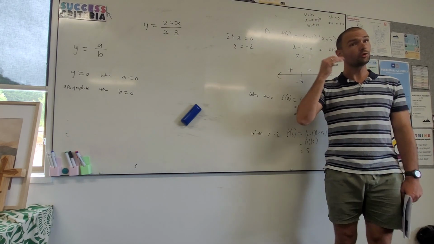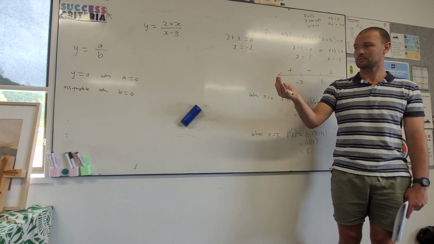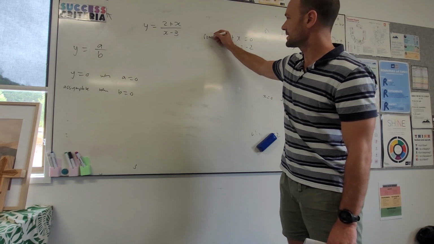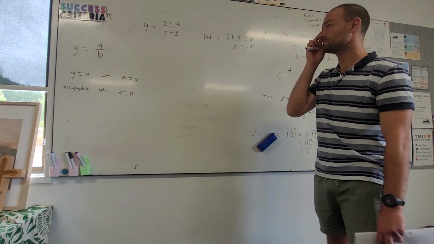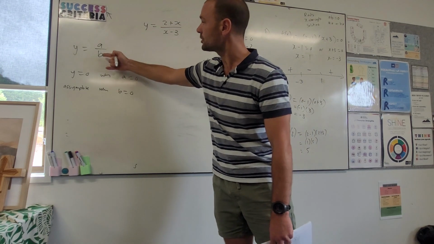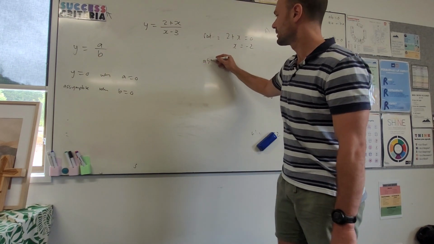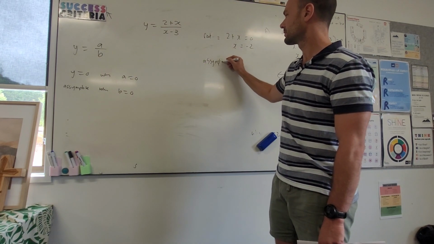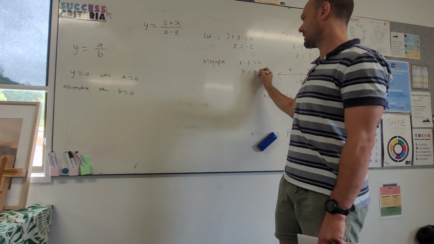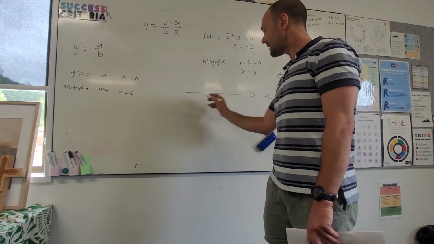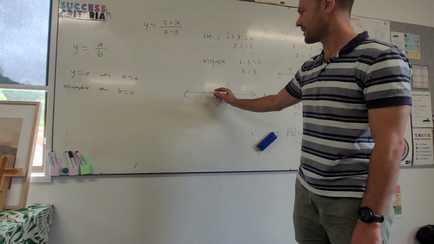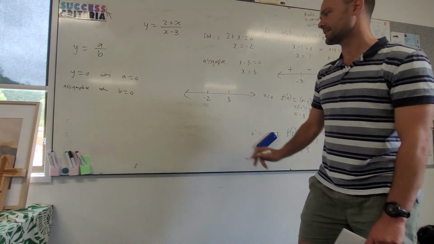So we have a root at minus 2, the x-intercept. And we have an asymptote when the denominator is 0. So asymptote when x take 3 is 0, asymptote at x is 3. So we know we have an asymptote at x is 3 and a root at x is minus 2.